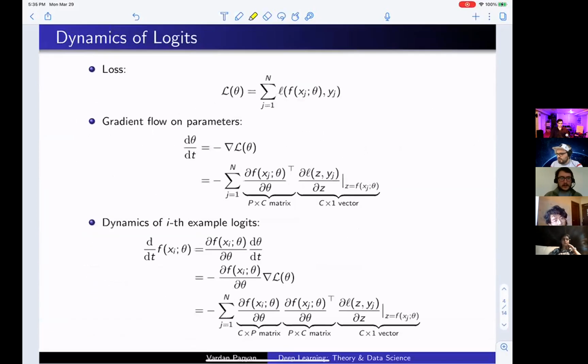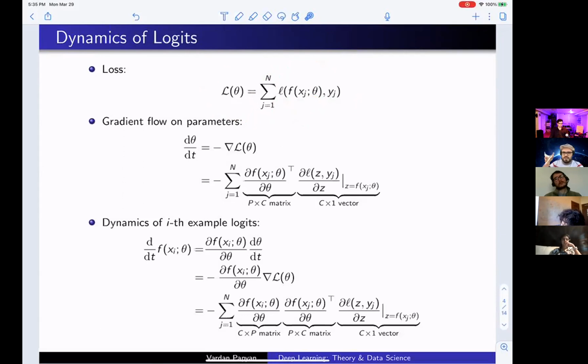So the idea is as follows. Imagine we look at the loss of a network. The loss is a sum over all examples of the loss of f(xj, theta), which are the logits of the jth example in the training data set, using the parameters theta, the vector of all parameters, with the label yj. Think of yj as being a one hot, xj is a picture of a cat.